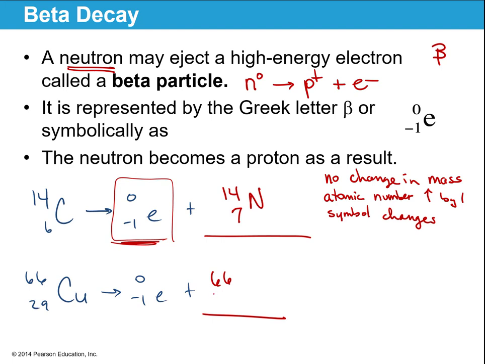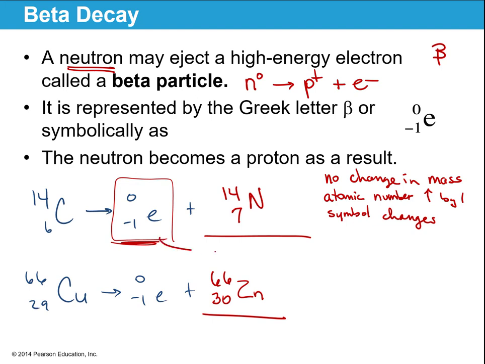Goes to 30. It's going to go up 1. Okay? And then, what is this new symbol? Zinc. And if you look at the atomic mass of zinc, it is 65.4, which is close to 66. So it's going to get a more even number of protons and neutrons, and so that makes it more stable.